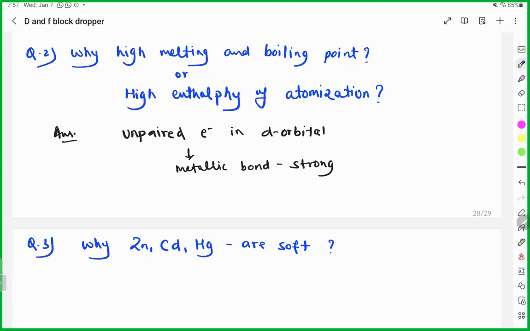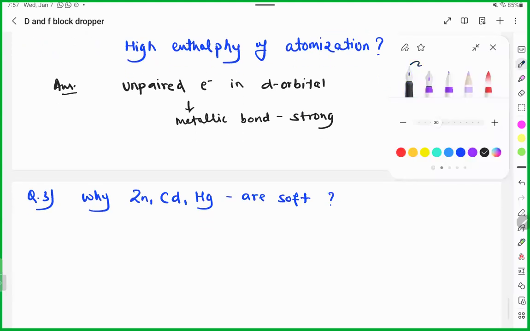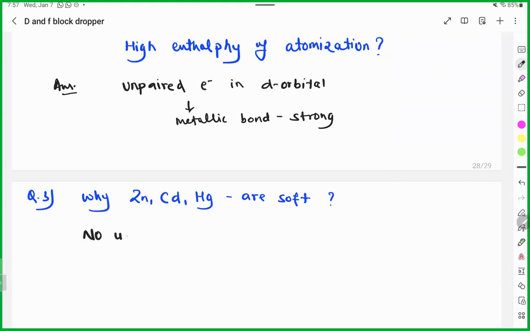Here we have a full-filled d orbital, and when there are no unpaired electrons or very few, the metallic bond will be weak and they are soft. If there is a weak metallic bond, they will be soft.